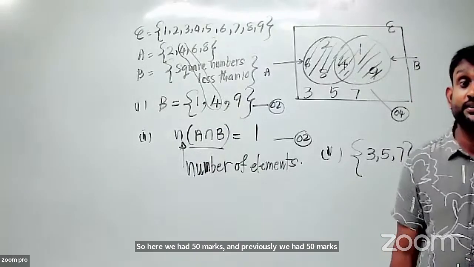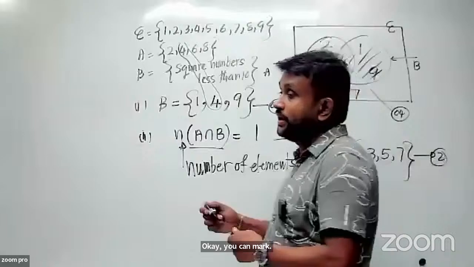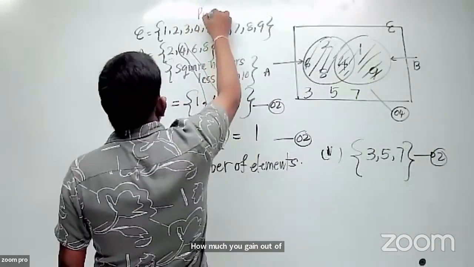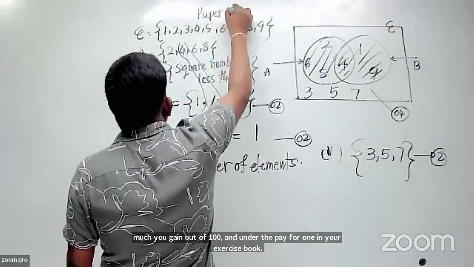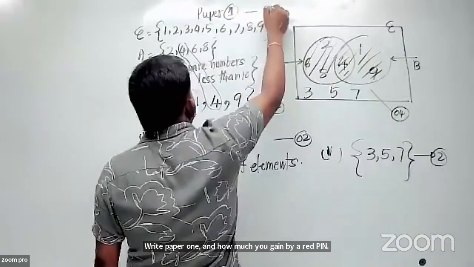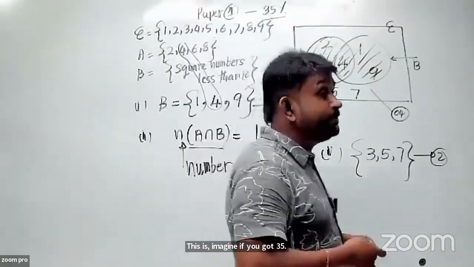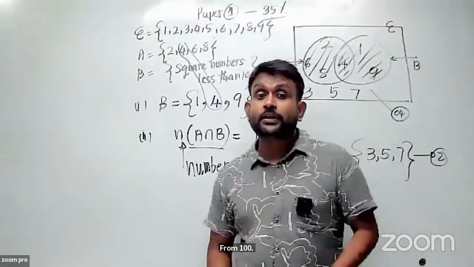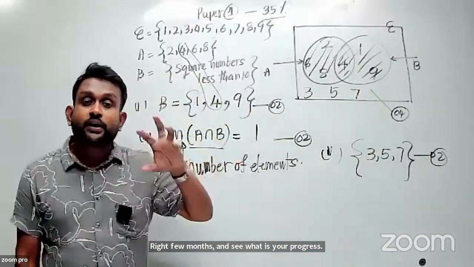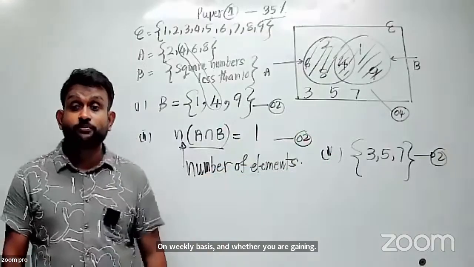You can mark how much you gained out of 100, and under paper 1 in your exercise book, write paper 1 and how much you gained with a red pen. Imagine if you got 35 from 100, write your marks and see what your progress is on a weekly basis, and whether you are gaining. That is an important part.